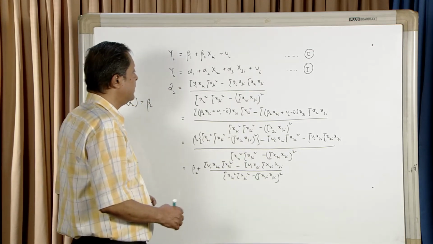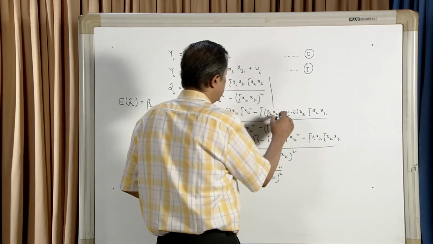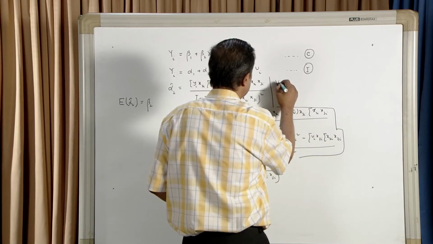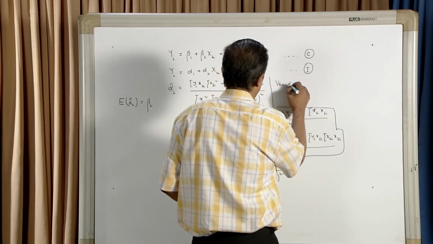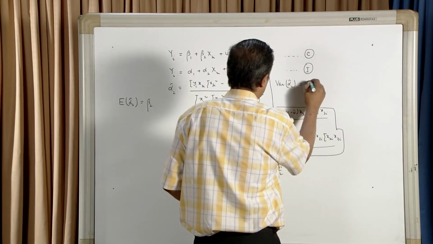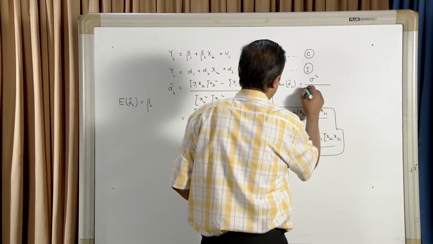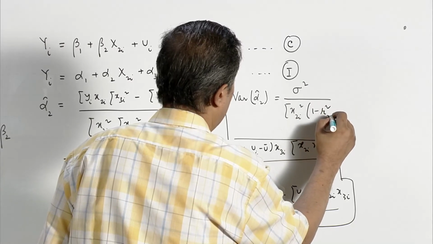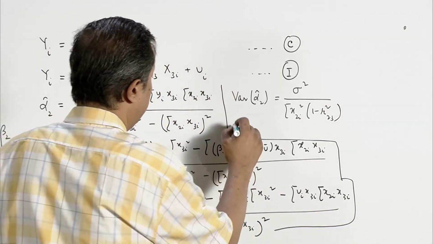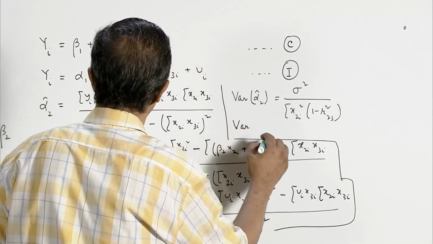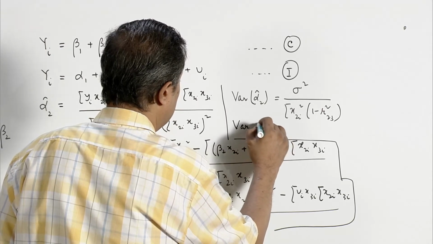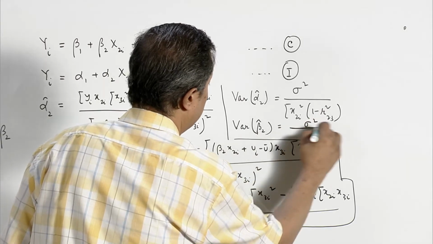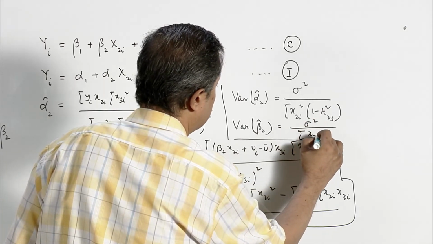However, the variance will be affected, as we can see by writing down the expressions for variance. So, variance of alpha 2 hat will be equal to sigma square divided by summation x2i square into 1 minus r square 2 3, whereas in the correctly specified model, the variance of the estimate of beta 2 will be sigma square divided by only summation x2i square.